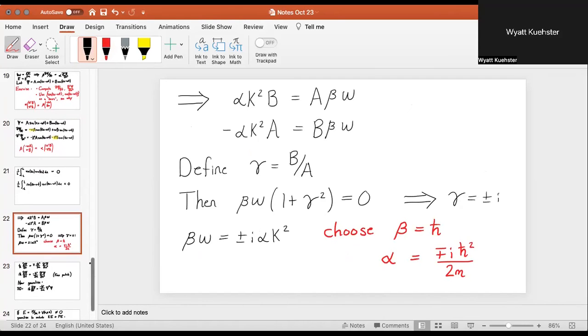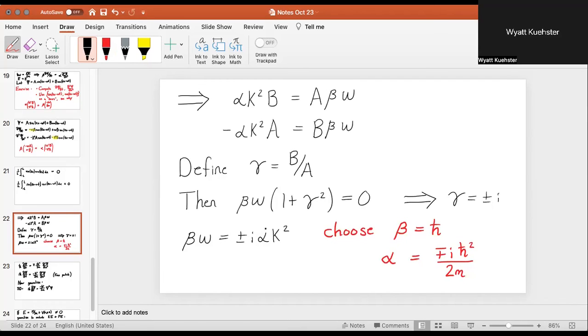So then define gamma equals b over a, and then do a little bit of math. You see that beta omega times 1 plus gamma squared equals 0. And then beta omega, right? If omega is 0, then we have no phase, and so this isn't very general.